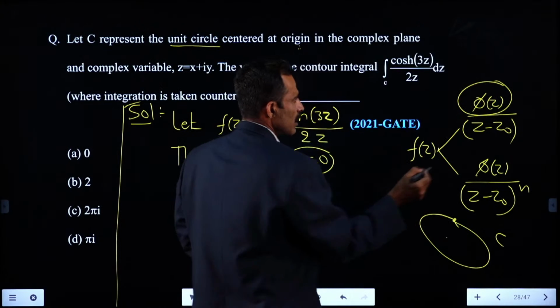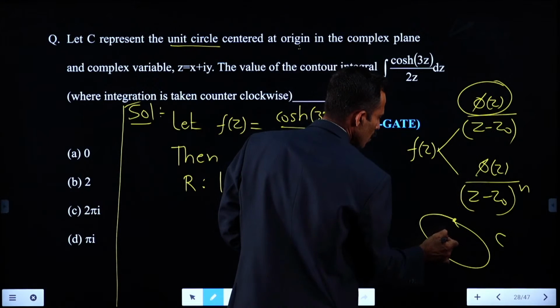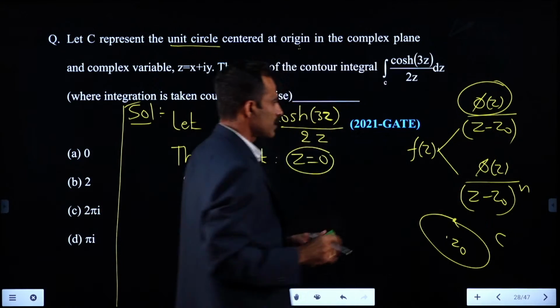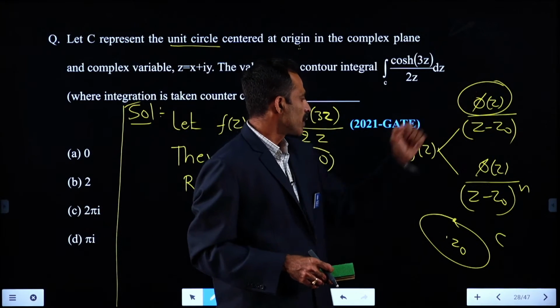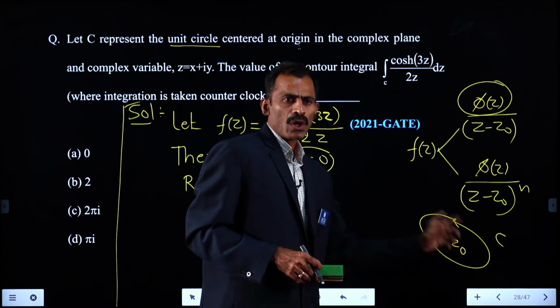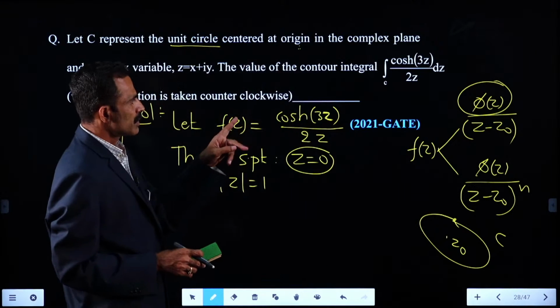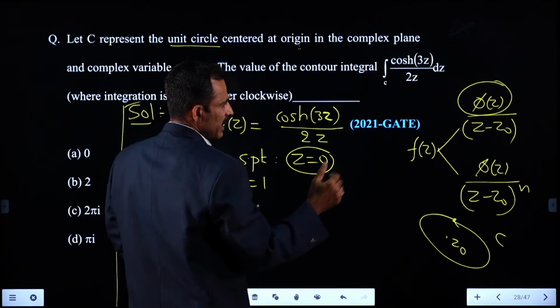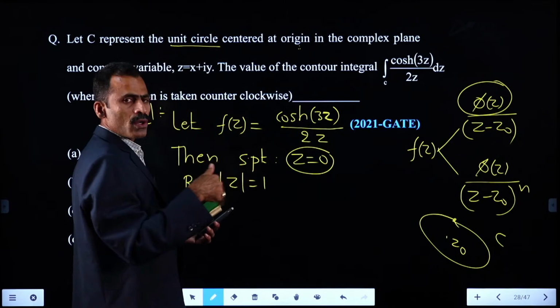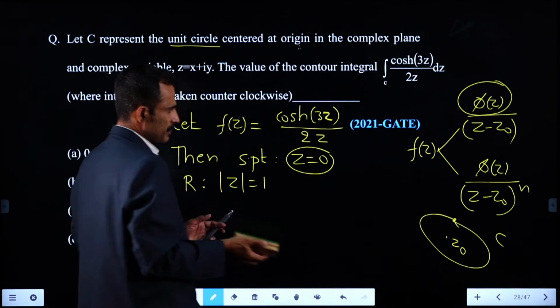Next, from the denominator, this point z should lie inside the region. That is the condition. This point should be inside the region, and the numerator should be analytic at every point inside C and on C. If these two conditions are satisfied, we can do the problem by Cauchy's integral formula.